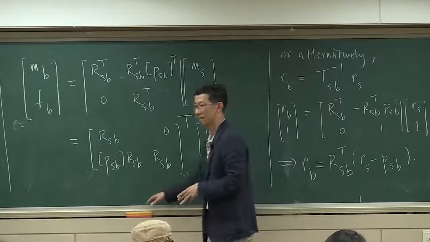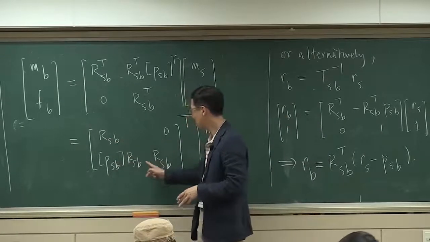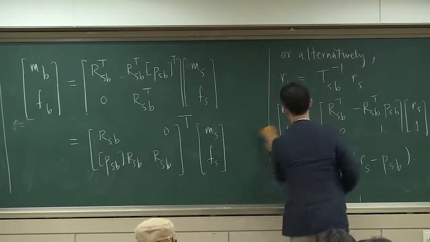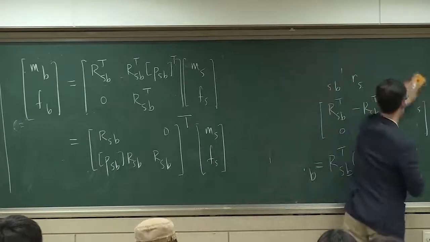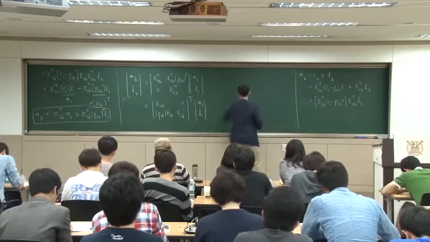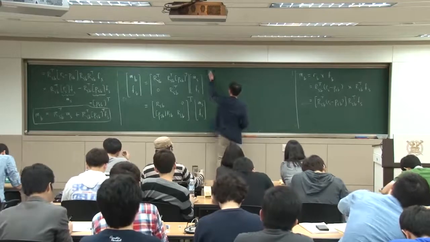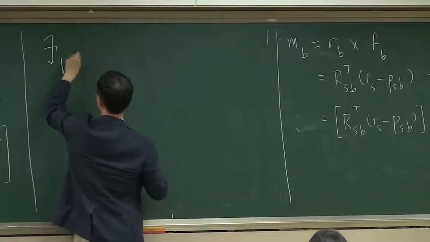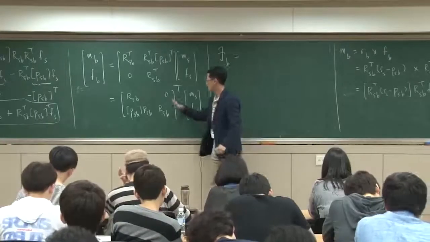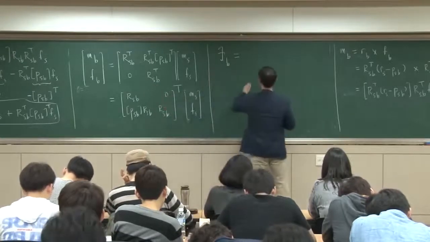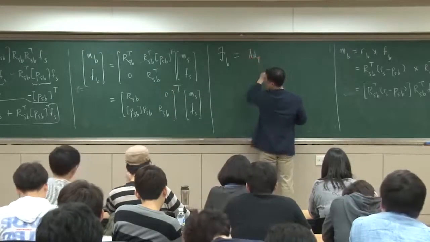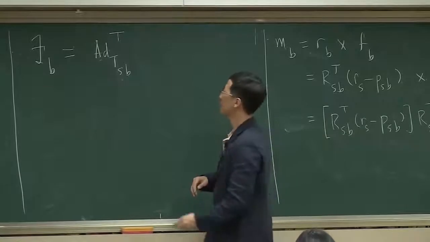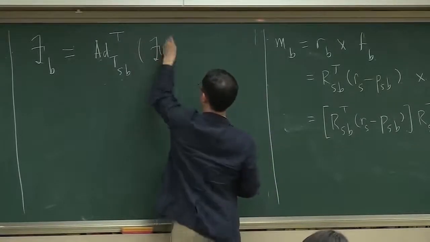This is what? R, R, P, R. Okay, it's the adjoint. So what we've essentially shown is that F_B is the transpose of this adjoint map. It's this Ad_T_SB, but there's a transpose now, applied to F_S.